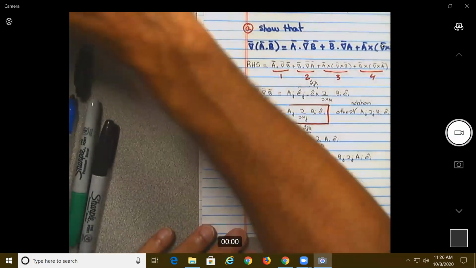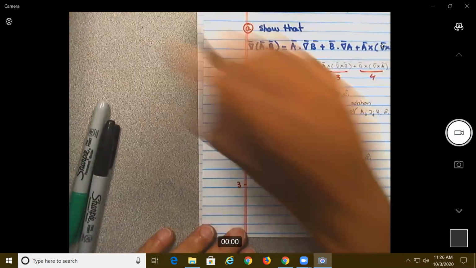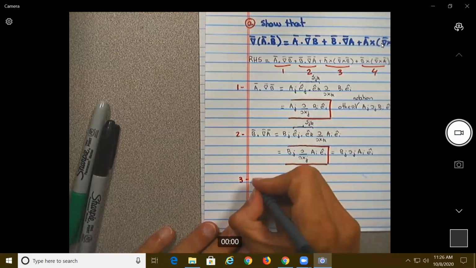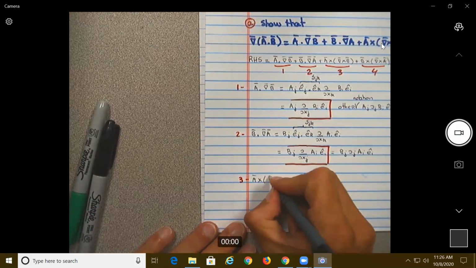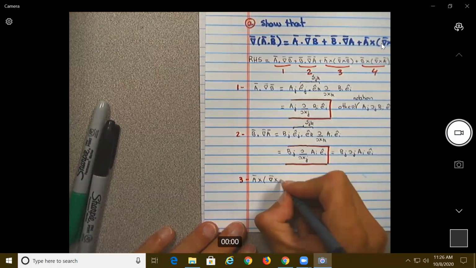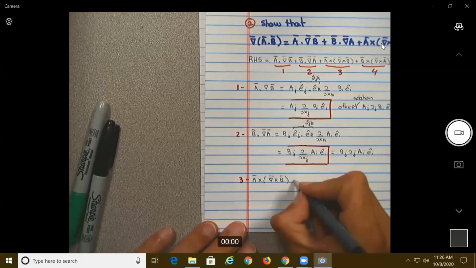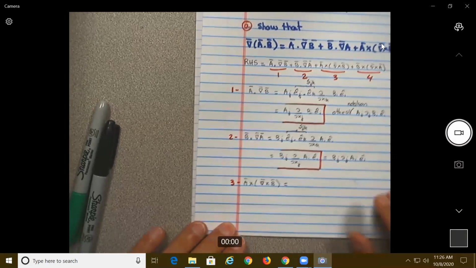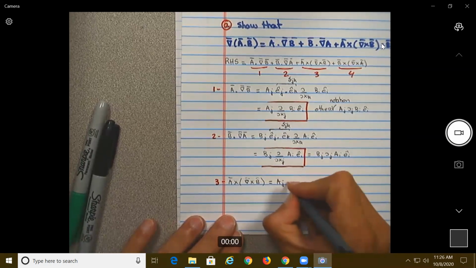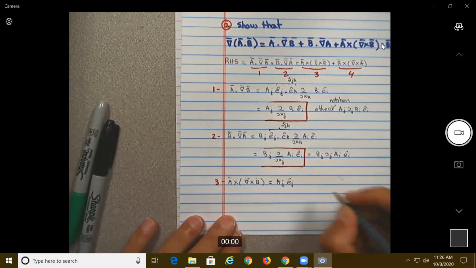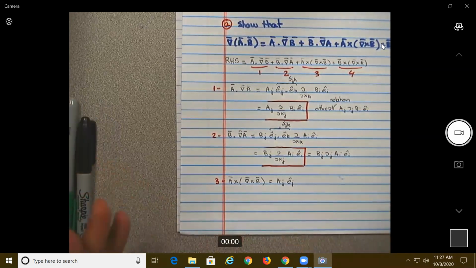Yeah, I'm out of space. Okay, the third term is A cross del cross B. Here I go slow, as if I started from 0. I call this A sub j, e sub j. Again, don't ask me why I start with j. It's the way I like to do it to make it work.